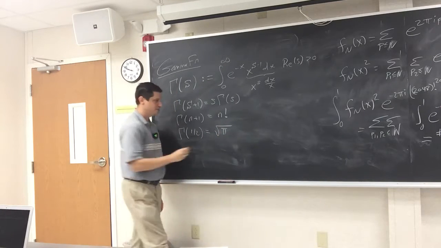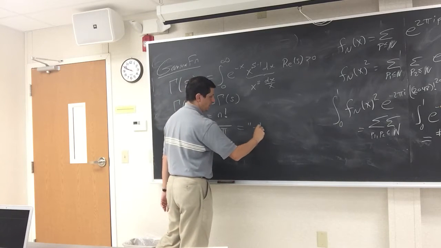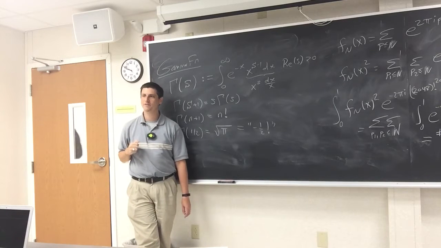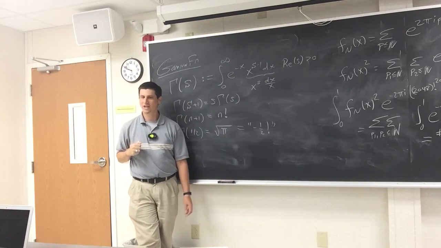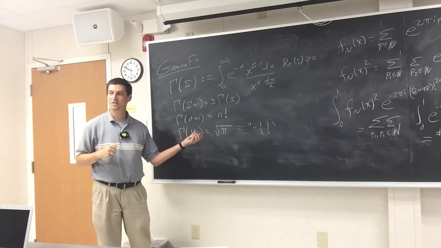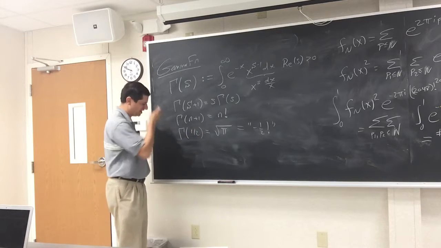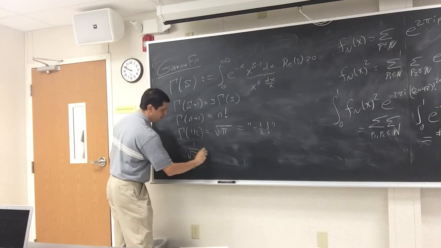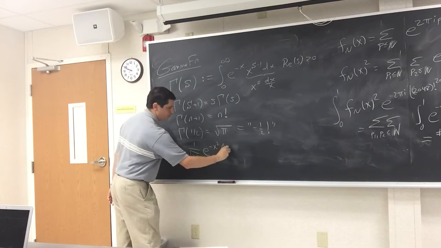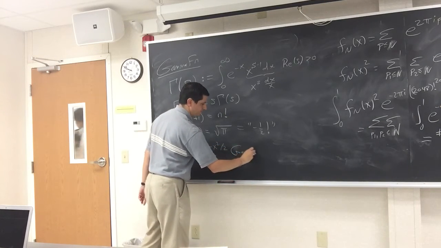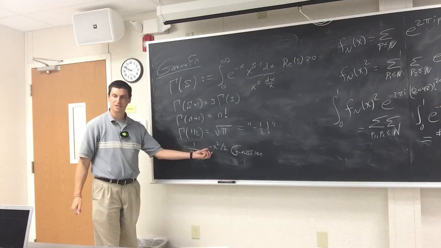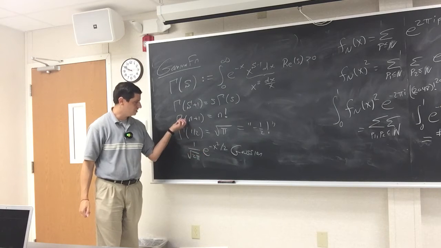So you can interpret this in some sense as negative 1/2 factorial, the number of ways to arrange negative 1/2 of a person. And this is the normalization constant that comes up when you're looking at the Gaussian. The Gaussian is 1 over the square root of 2 pi e to the negative x squared over 2. This is the Gaussian. And the normalization, what I need to have this integrate to 1, is actually gamma of 1/2.